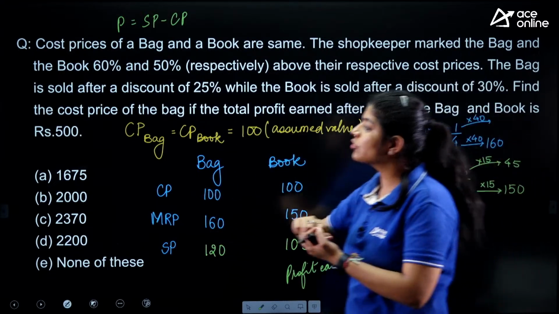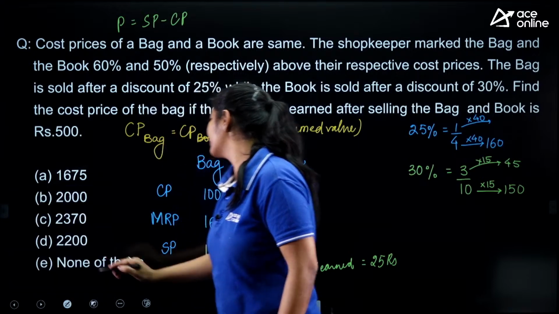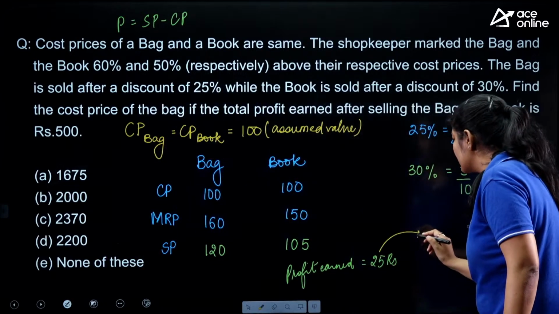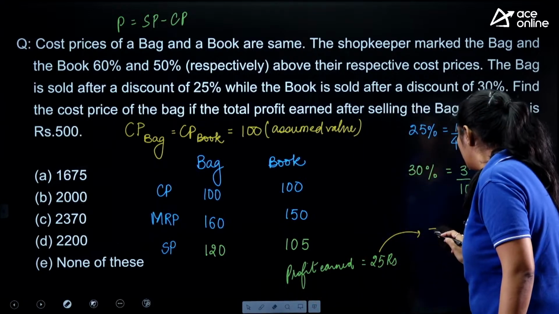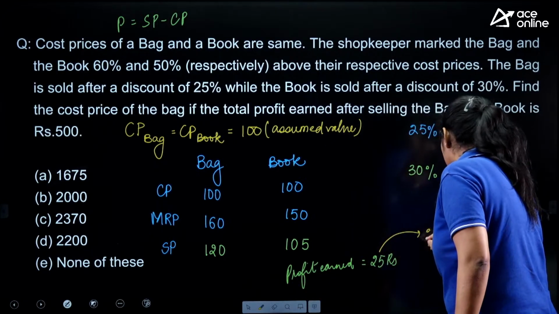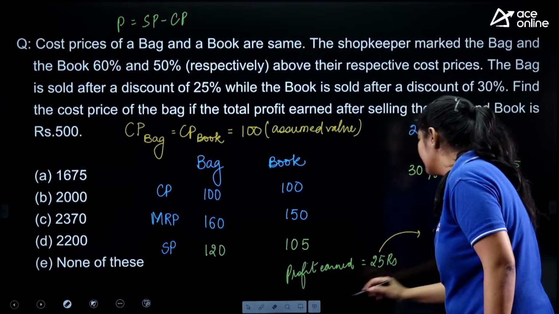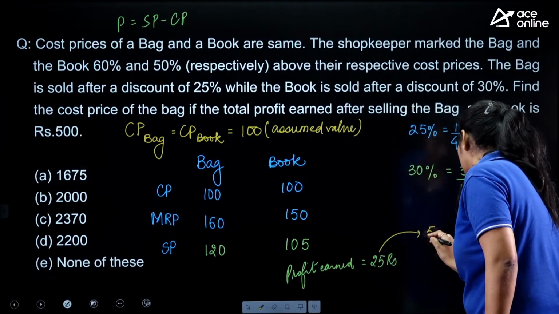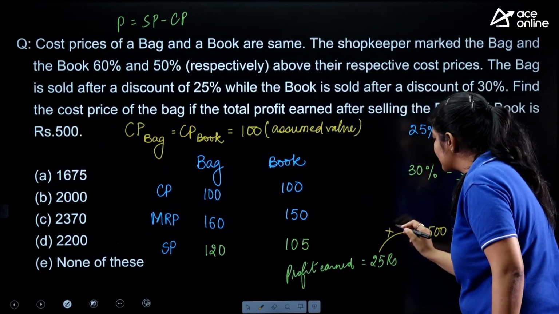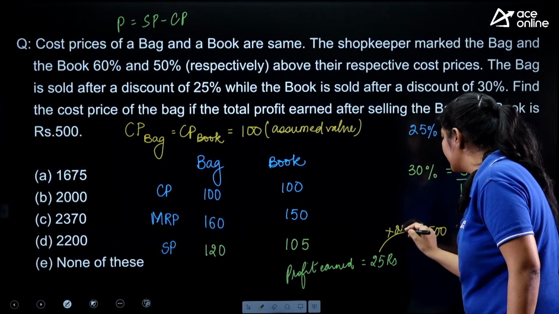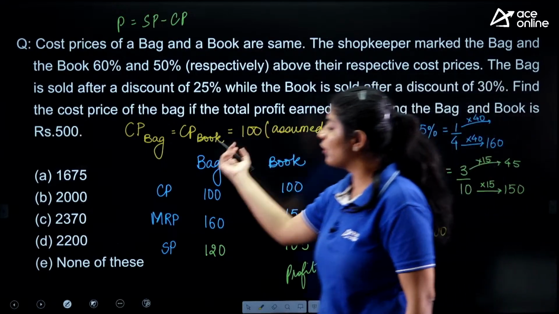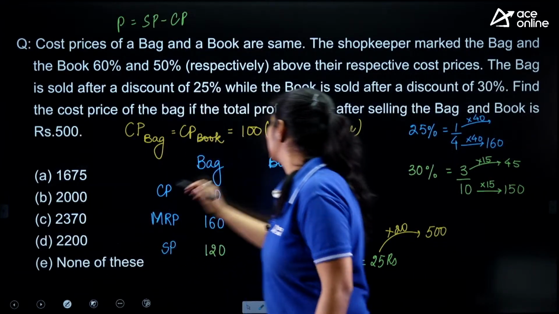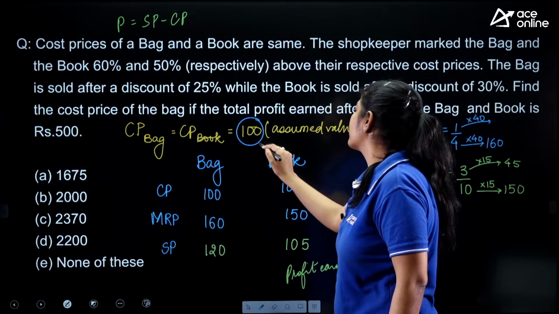But as per the question, it is equal to 500 rupees. That means the value of this 25 is 500. That means it is a multiple of 20. And what we have to do? We have to calculate the cost price. That means this is also a multiple of 20.